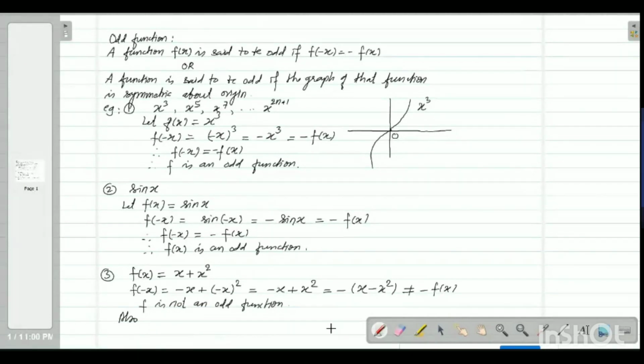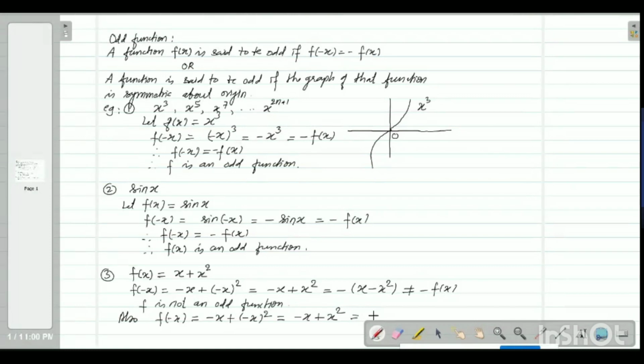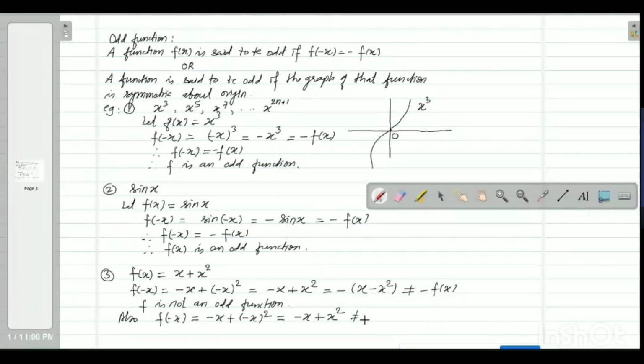So I am replacing, f of minus x equals minus x plus minus x whole square, and this is minus x plus x square, which is not equal to f of x also, because f of x is x plus x square. So this function is also not an even function.